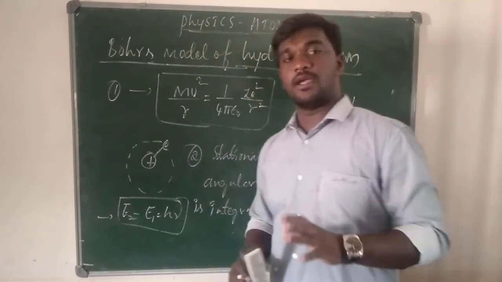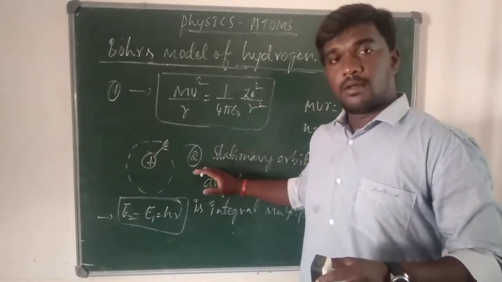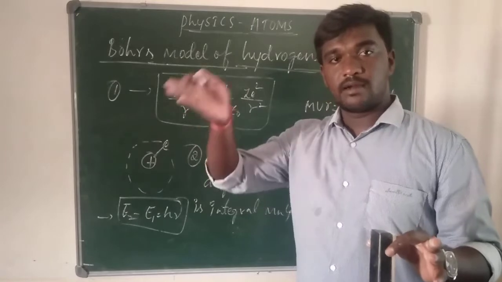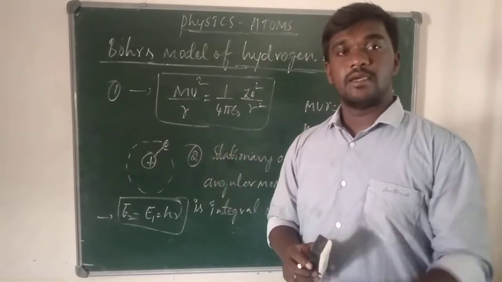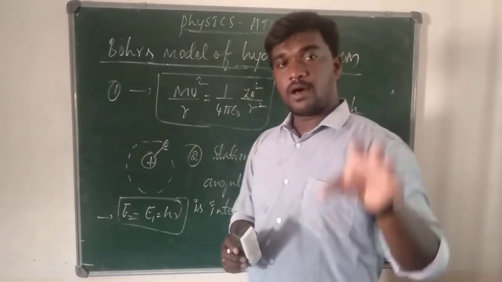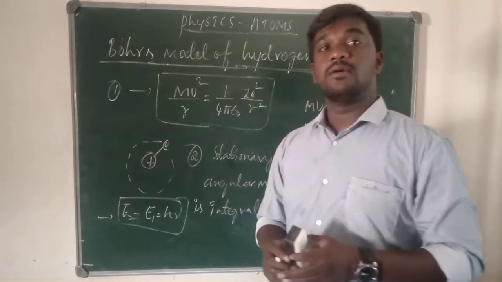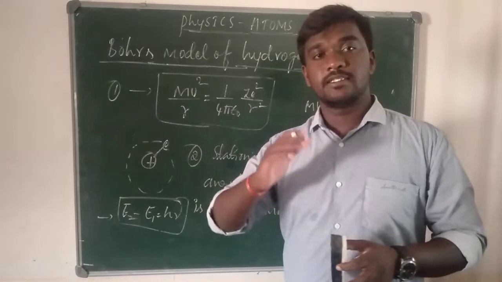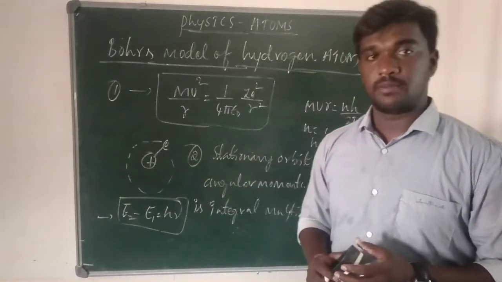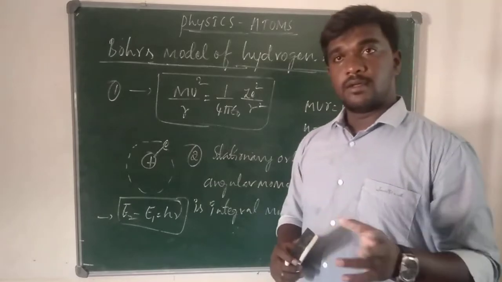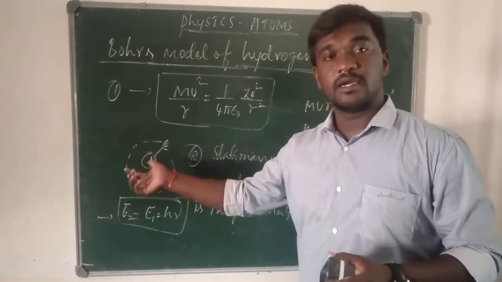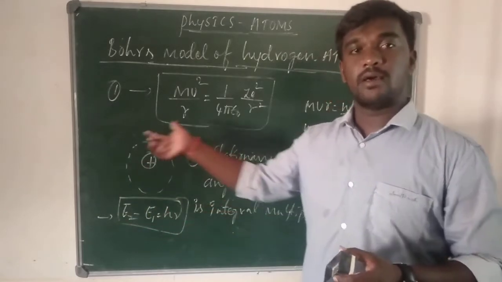And the second postulate: according to Bohr, the electron can revolve around the nucleus in a stable orbit. That orbit is called a stationary orbit. When the electron revolves around the nucleus, it creates an angular momentum.